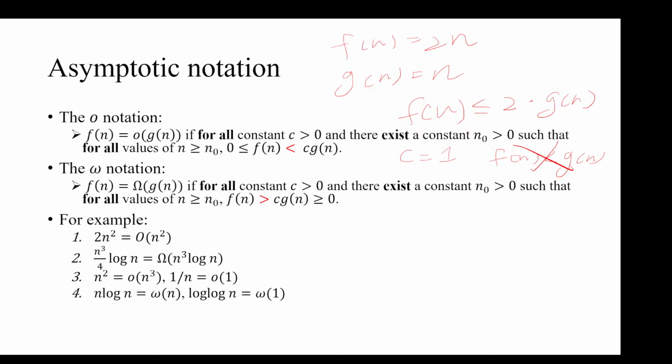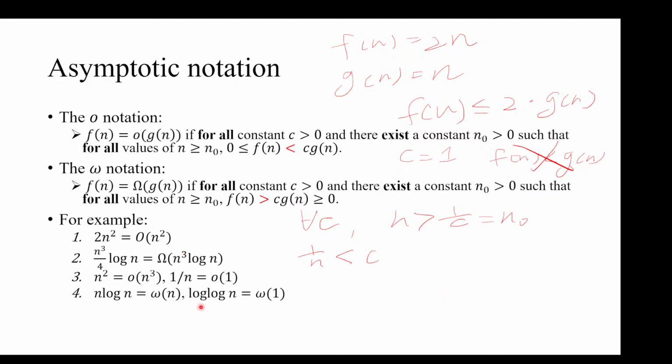So for c, we want 1 over n less than c, and so we just need n greater than 1 over c, equal to n0. So we know if n is greater than 1 over c, then 1 over n is going to be less than c. And so we know 1 over n is o of 1.